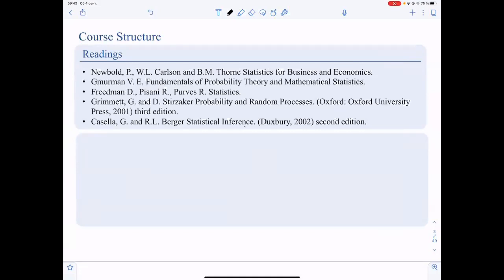If you have any problems with English notations and all of that, you may use a very nice Russian-written book, the Gmurman book, Fundamentals of Probability Theory and Mathematical Statistics. This book is actually written in two languages, Russian and English as well. And if you want to, you may read this book in Russian, although I do not recommend doing that.